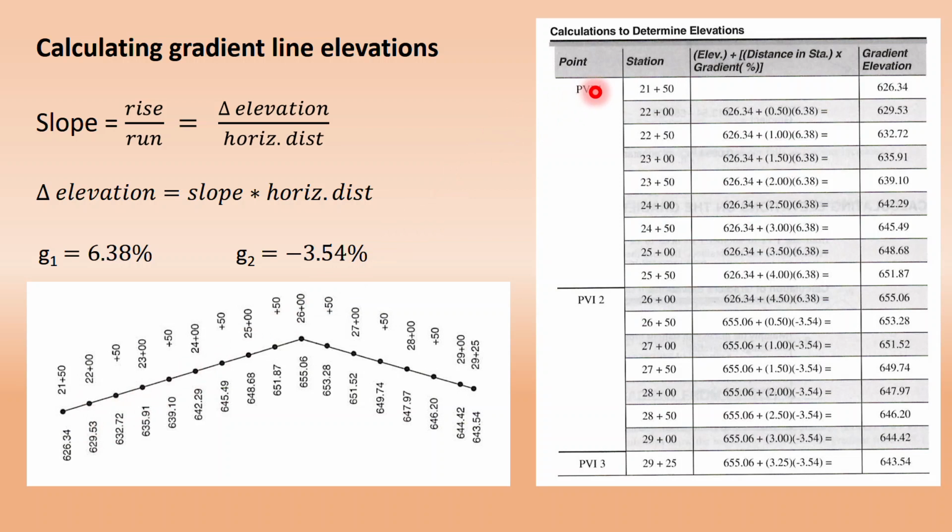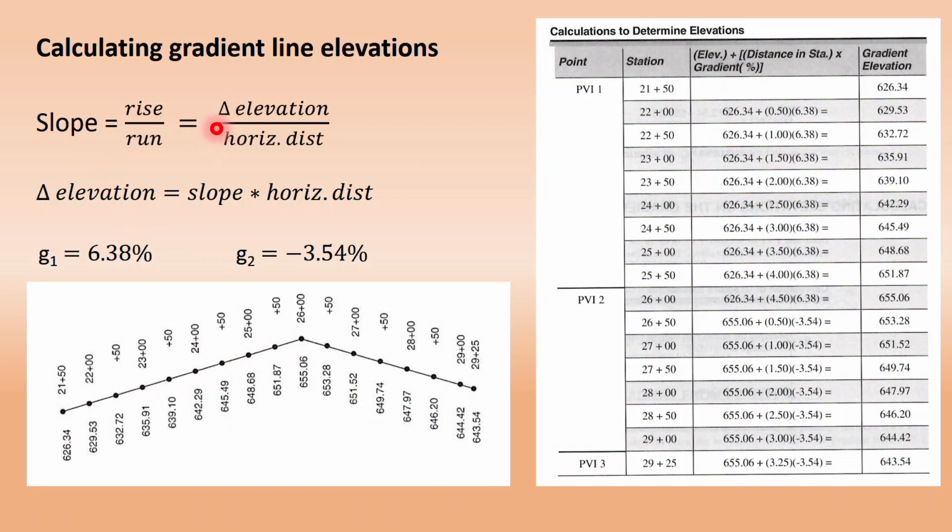So I honestly don't care how you go about this. Everyone has their own personal preference. I would hope by now that you're able to recognize how easy it is to calculate the difference in vertical elevation change between 2 points along a straight line. We know slope is rise over run, which is equal to change in elevation over horizontal distance.